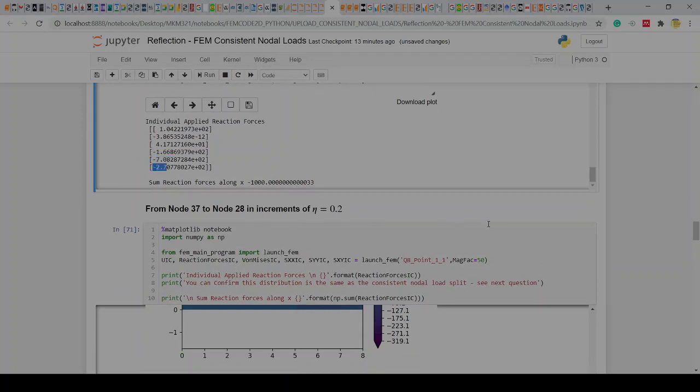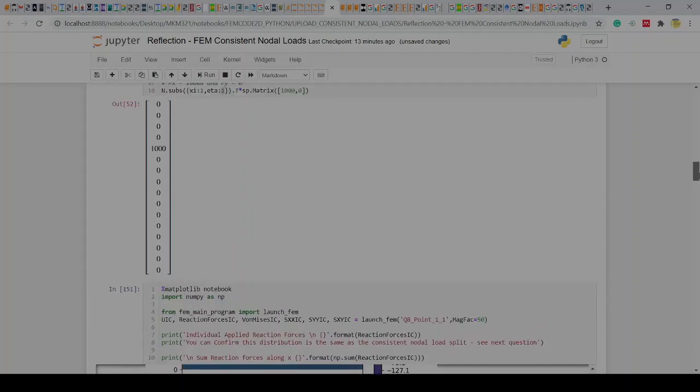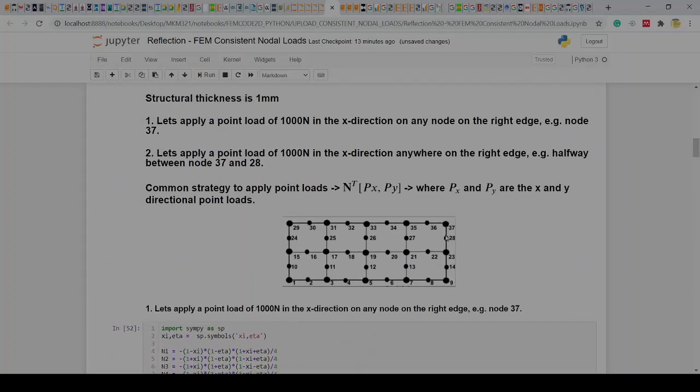So that's the reaction forces. Just to demonstrate this a bit nicer, I'm going to go from node 37 to 28 in increments of eta of 0.2: at eta equals 1, then 0.8, 0.6, 0.4, 0.2, and then 0. Then I'll be at 28 itself.